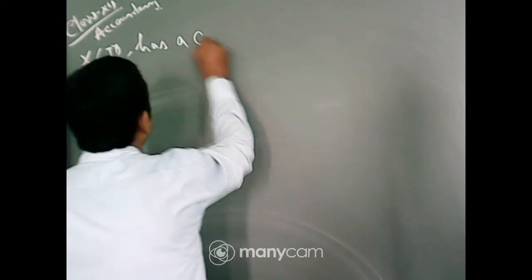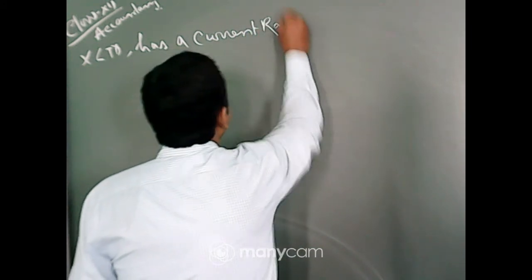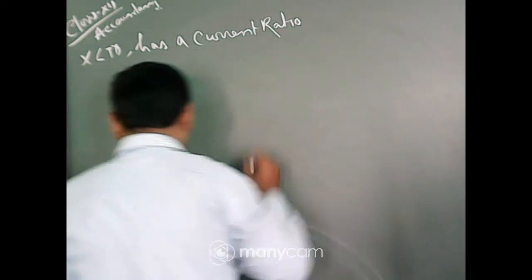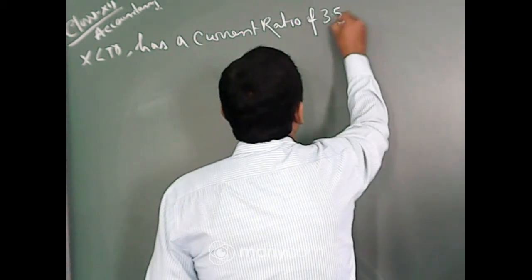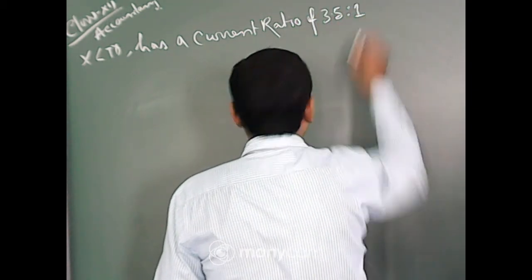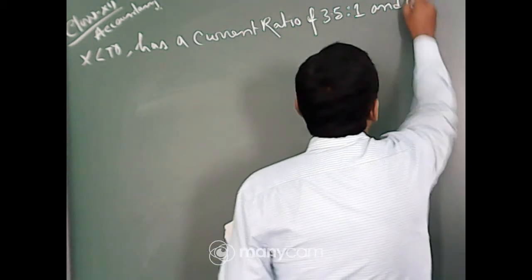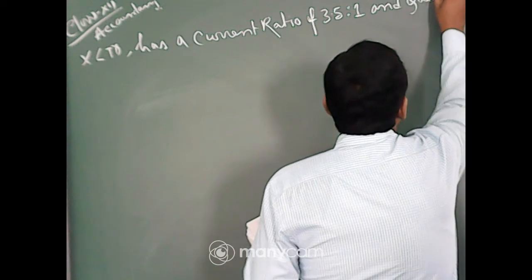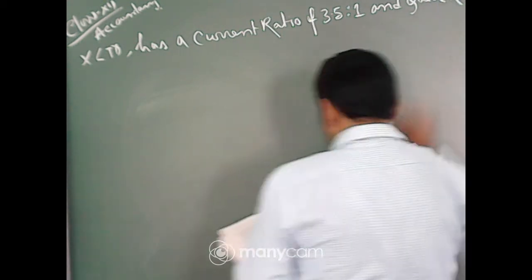X Limited has a current ratio of 3.5:1 and quick ratio of 2:1.